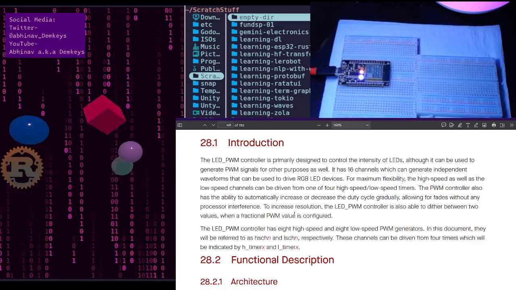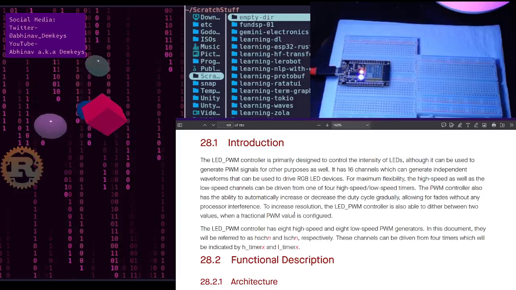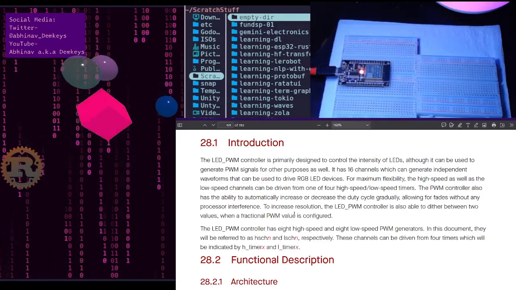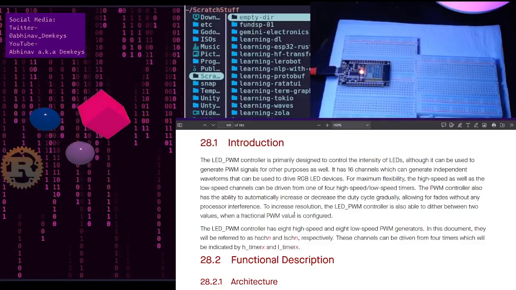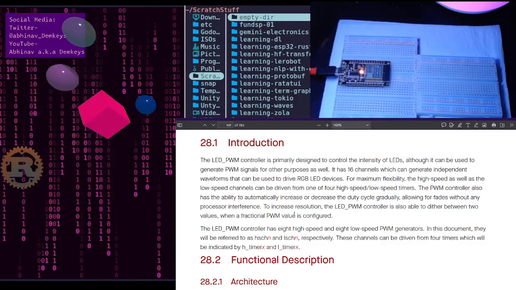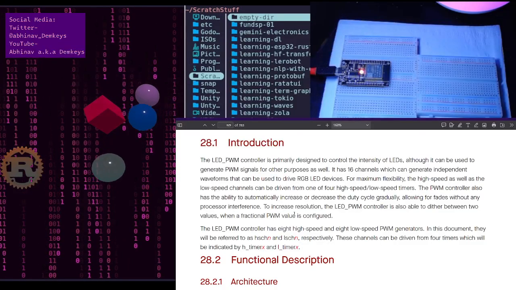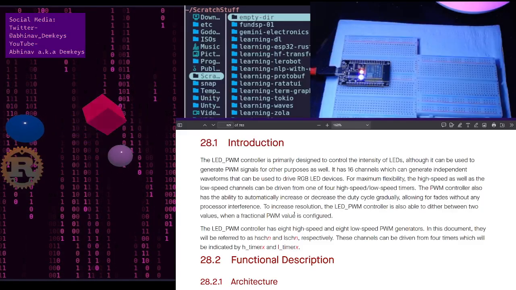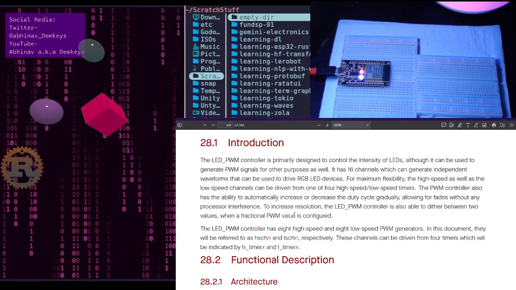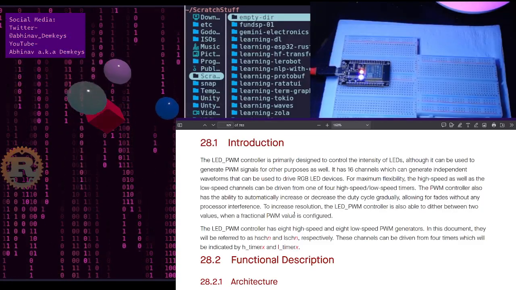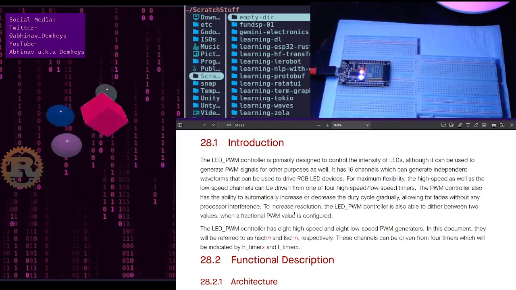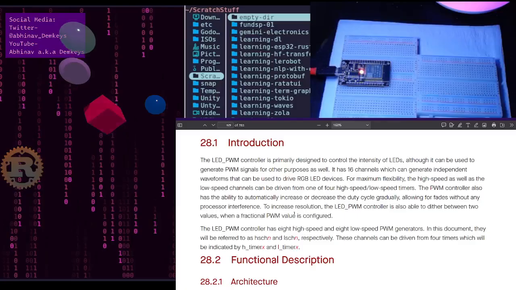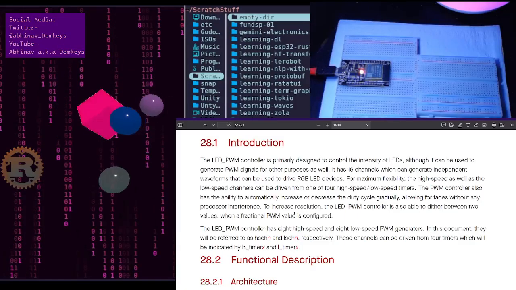What was I talking about? Oh, I was reading this. It has 16 channels which can generate independent waveforms that can be used to drive RGB LED devices. This says waveforms, but no, it's PWM. Though PWM is also a waveform. It's mainly a square wave, right? Yeah, it's a square.